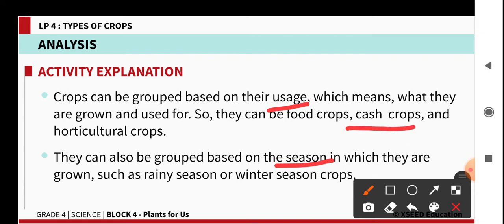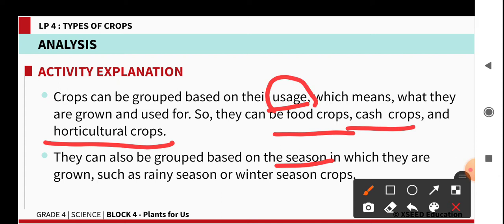They grow these crops to get profit by selling them. Horticulture crops are flowers, fruits and vegetables. And food crops like wheat and peas come under food crops.